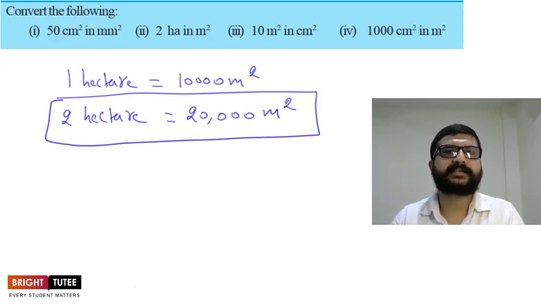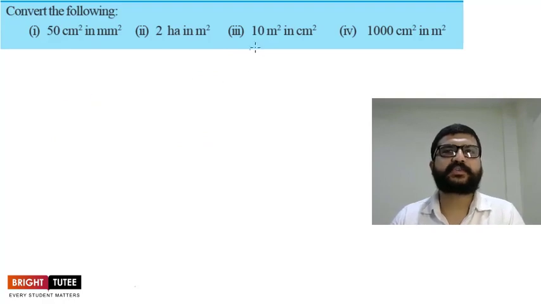Now the next question is 10 square meters into square centimeters. Now as we have seen that 1 square meter is equal to 10,000 square centimeters.